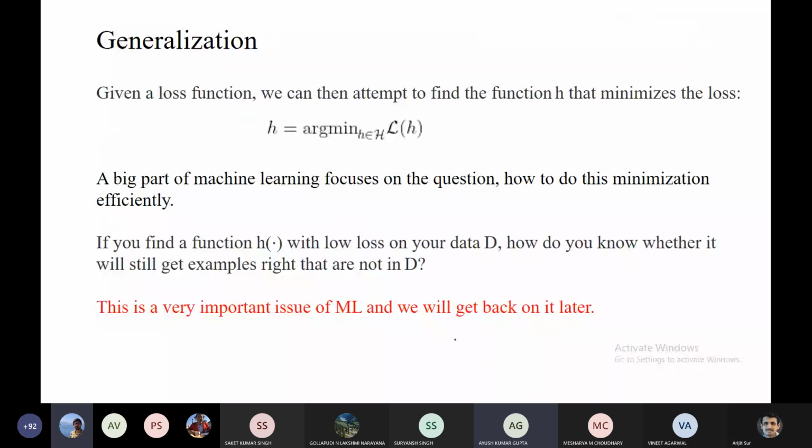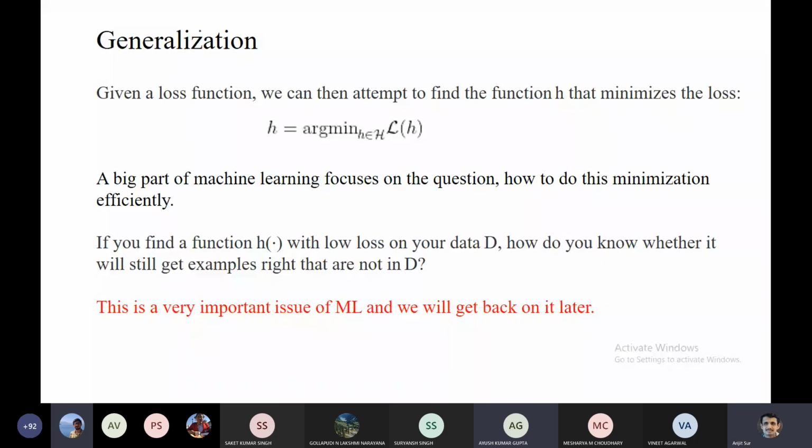Okay. Before we summarize, and before going to the mathematical formulation of logistic regression, there is a very important concept we want to introduce, because this is one of the major issues that we'll cover in great detail.